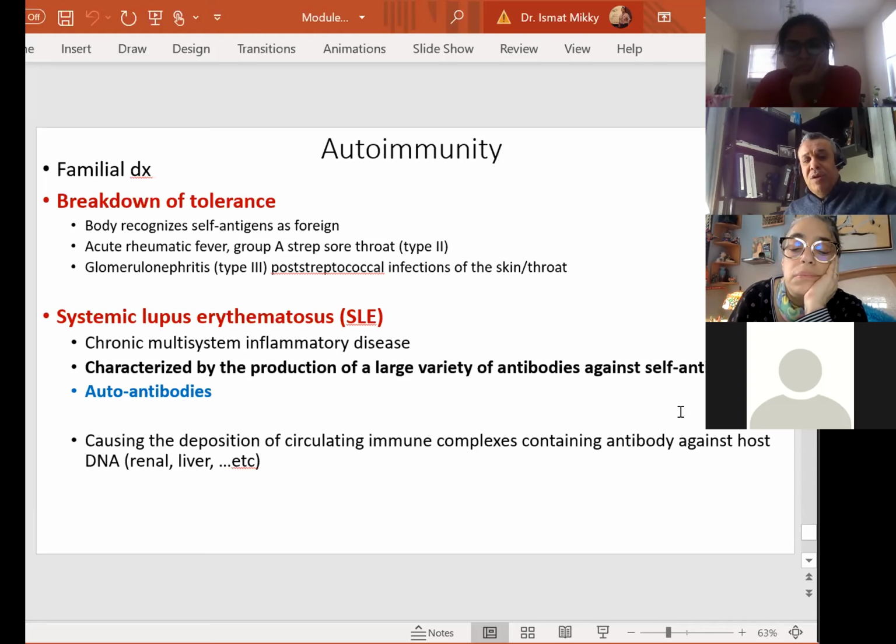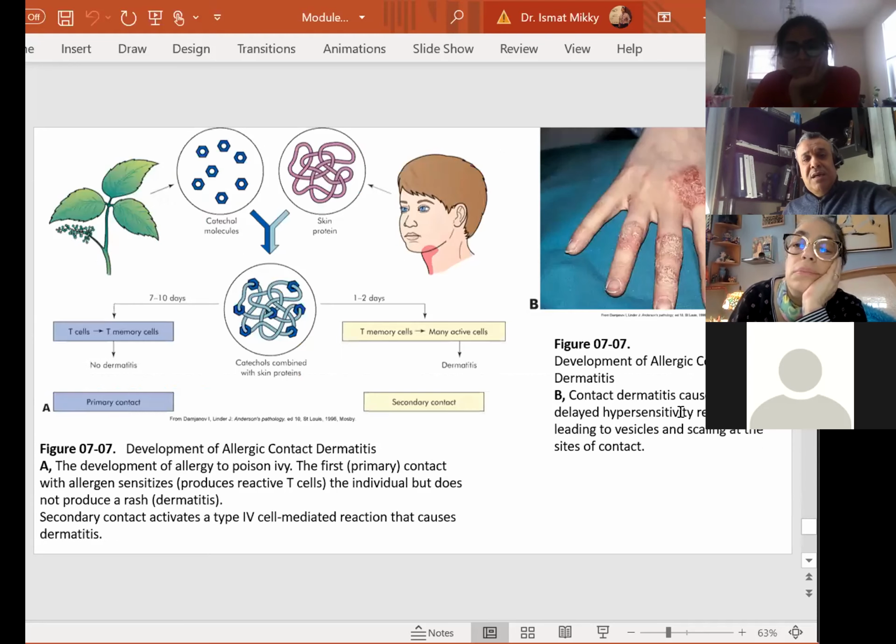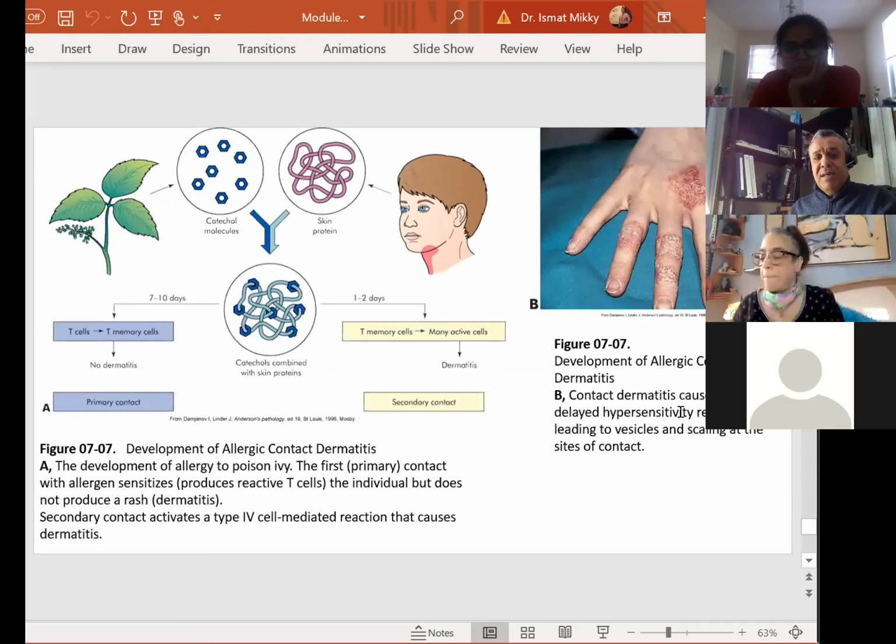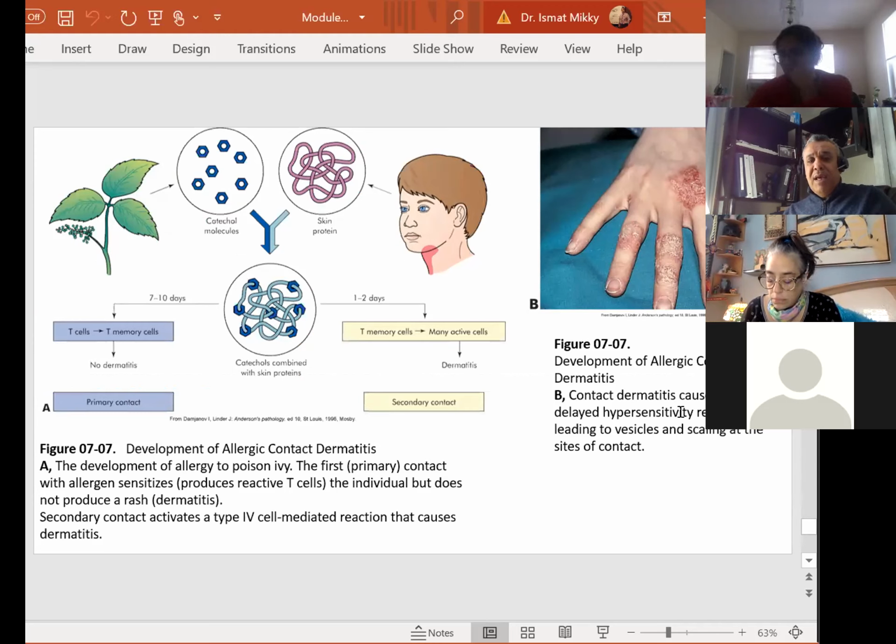So before we get to the autoimmunity, just to mention that contact dermatitis is a form of delayed reaction, which is type 4, cell mediated. Again, types 1, 2, and 3, all three different types of reactions, they will involve the immune globulin antibodies as part of the disease process or the reaction.